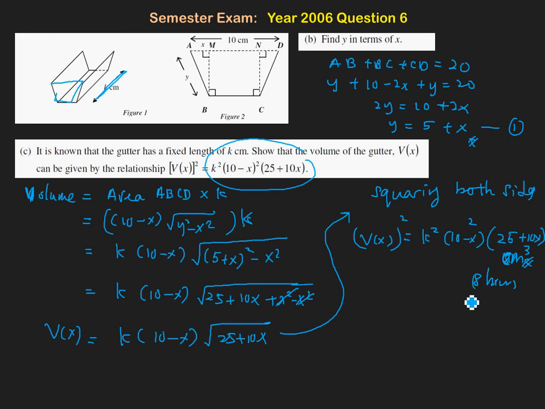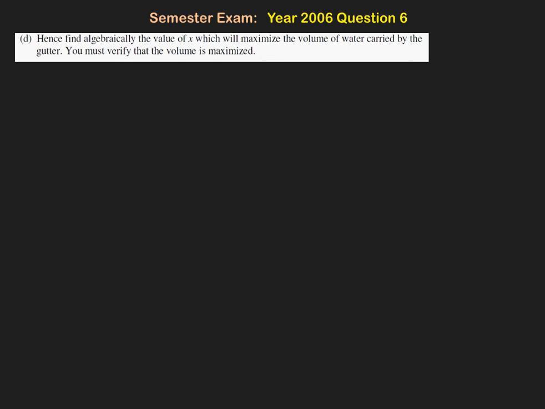And so okay, now there's one more part for us to look into. That is this: hence, find algebraically the value of x which will maximize the volume of water. And we got this in part C. So what we're going to do is differentiate this with respect to x. We want to find the value of x which maximizes the volume.